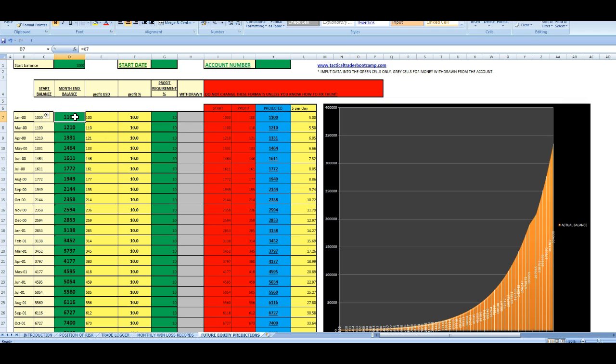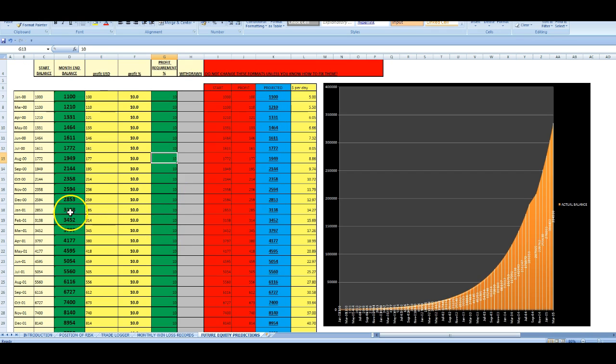Now, just a quick disclaimer here. I'm not claiming that anybody's actually going to achieve these results, and also gaining 10% every single month is very unlikely, because you will have months in there that are not 10%, they're going to be less, and also you'll have losing months as well. So this is not justified, it's not real, it's fictitious, okay?